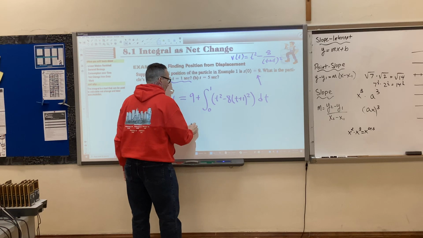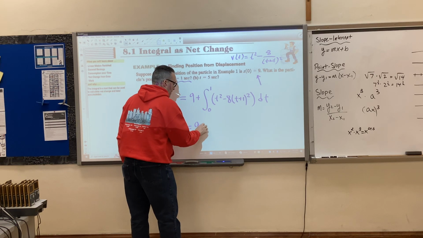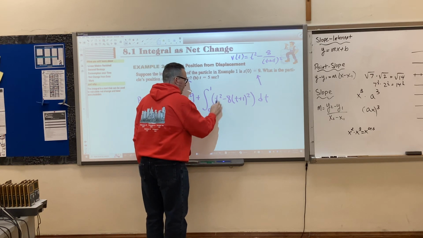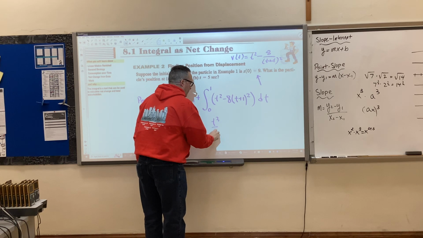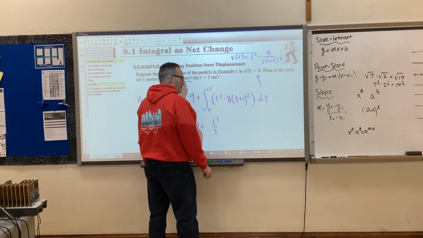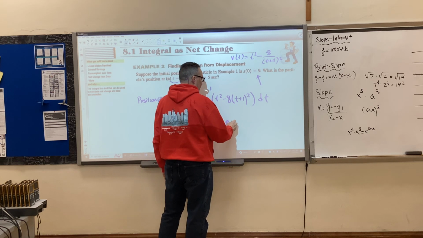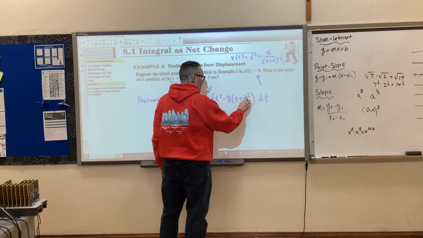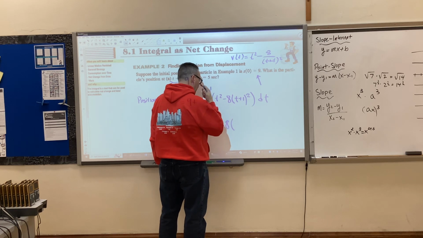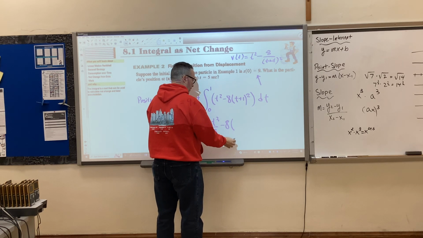So the integral of this is t to the third over 3 minus 8 times, wait, it's supposed to be negative 2, so positive 16.